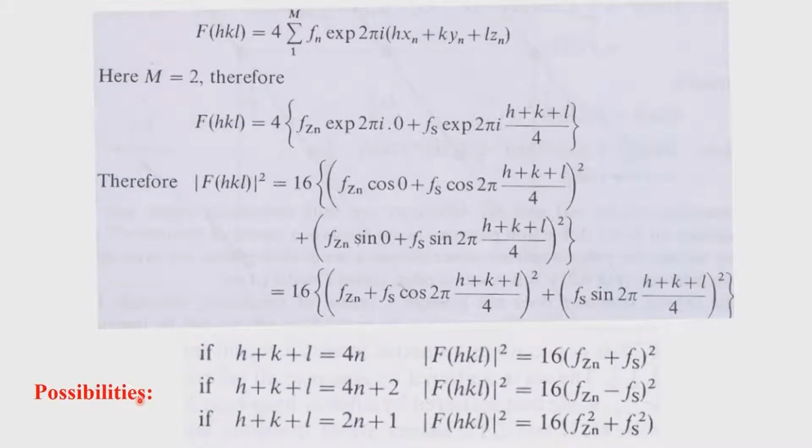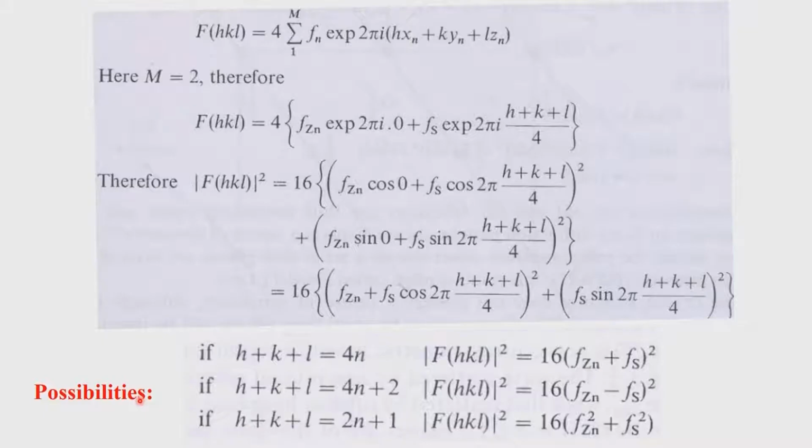I am showing this because zinc and sulfur, even though they are in an F centered lattice, because there are only 4 units of zinc and 4 units of sulfur, they are sitting in special positions. Because they sit in special positions, effectively you will say more systematic absences. The major systematic absences are coming from the F centered lattice, but the fact that zinc and sulfur are sitting in special positions will also add to the possibility of systematic absences.